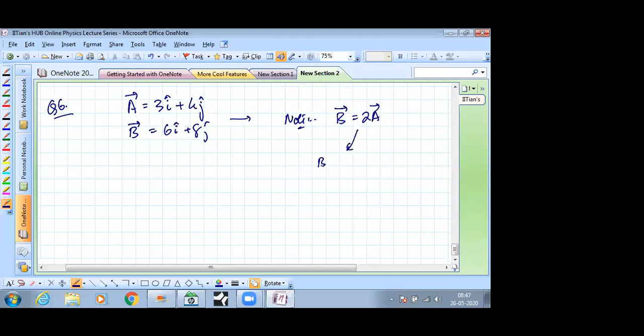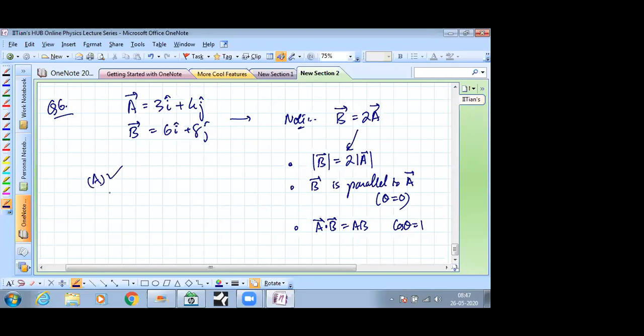It means that magnitude of B is equal to 2 times magnitude of A. And then it also means that B is parallel to A, which means that the angle between them is 0. So once two vectors are parallel, it also means that A dot B will be just AB because cos theta is unity. So all these things you understand become correct.